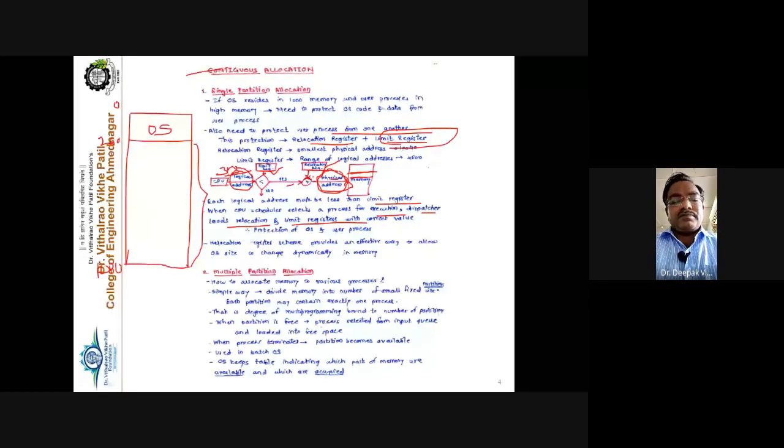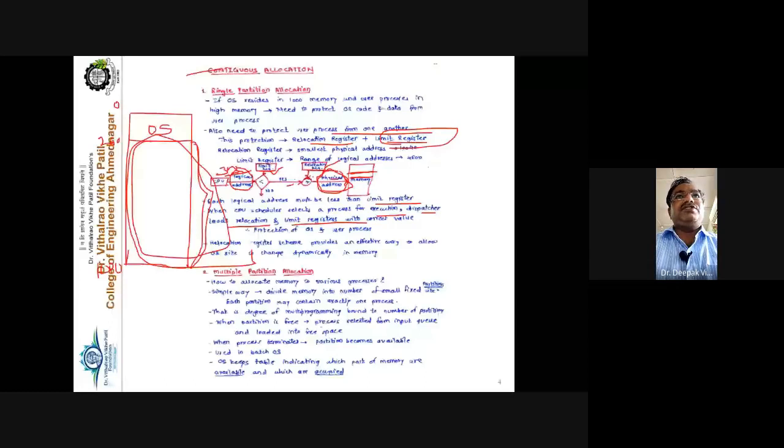So single partition allocation, in simple words, means we consider the RAM memory as one huge single partition. With the help of the value of the limit register and the relocation register, the actual address is calculated.